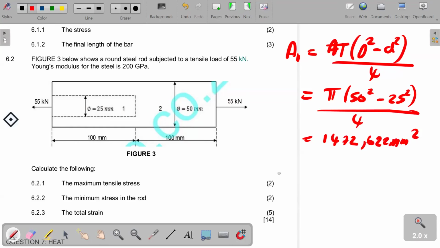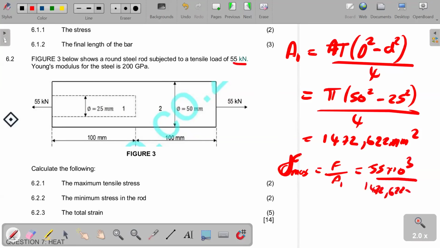Okay, so therefore maximum stress is equal to F over A1. Then it's going to give us 55 times 10 to the power of 3, they said kilonewton there, divided by 1,472.622 times 10 to the power of -6.